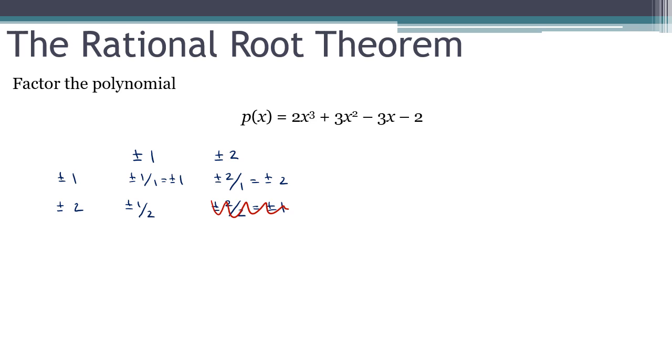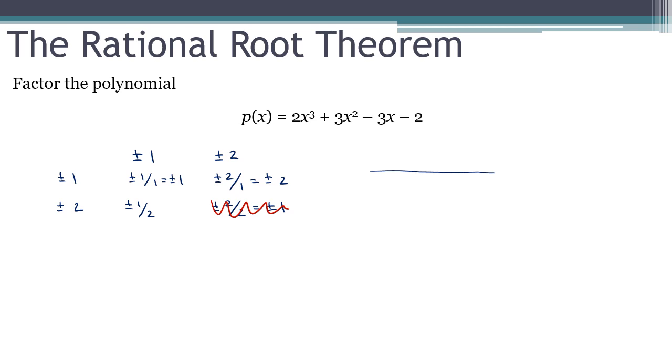Okay, so now, how do I tell which of these are good and which of these are not? Well, I'm going to use my factor theorem, right? My factor theorem says that a number is a root only if p of that number is 0. Right, so I'm going to make a little table.